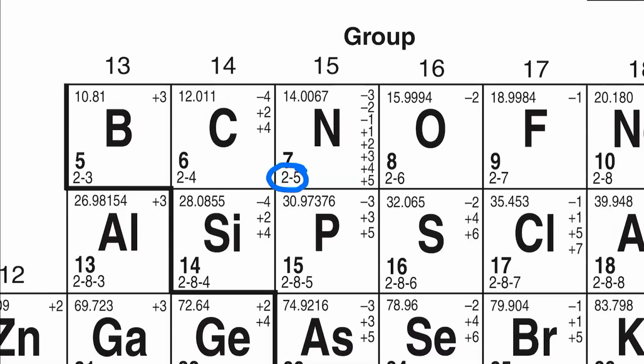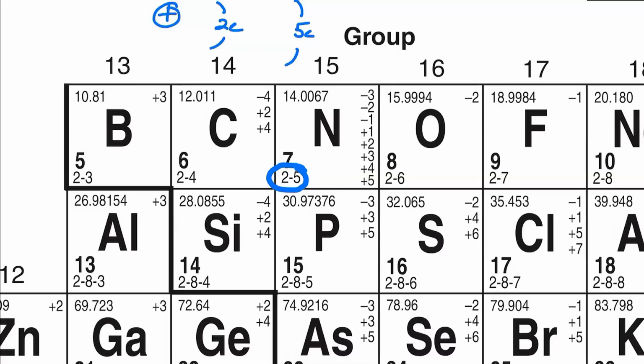That means here's our nucleus, and then we've got 2 electrons in the first shell closer to the nucleus, and then we have the outermost electrons, or 5 electrons in the outer shell.